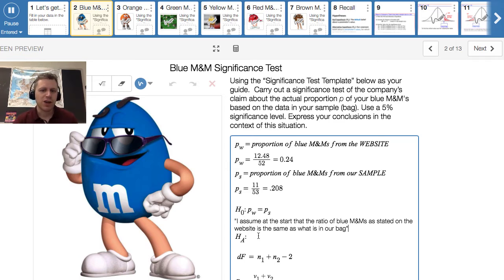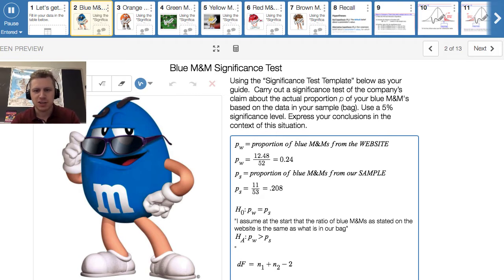Now, typically, we would write the alternative before we did our sample, but unfortunately, I already opened the bag of M&Ms. I know what the sample is. And what I can see was happening was these things weren't equal. What I saw happen was that what was on the website was actually greater. So my alternative belief, what I'm going to try to prove, is that the ratio of 24% from the website is actually greater, that there's less blue M&Ms in the bag than the website is saying.